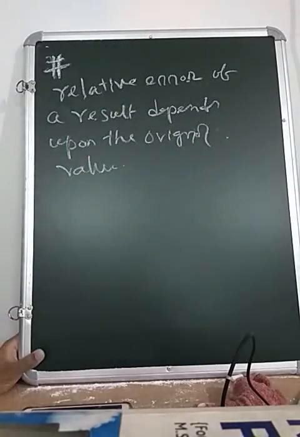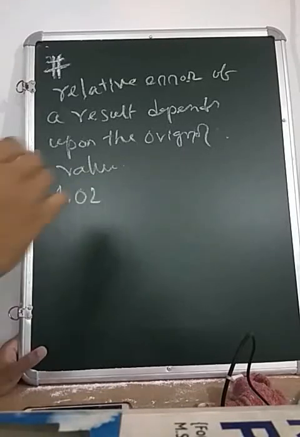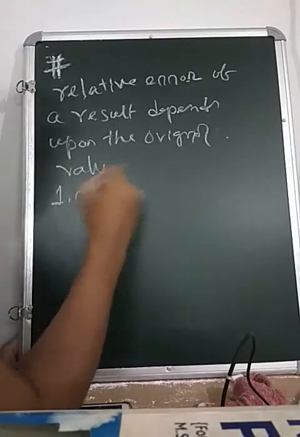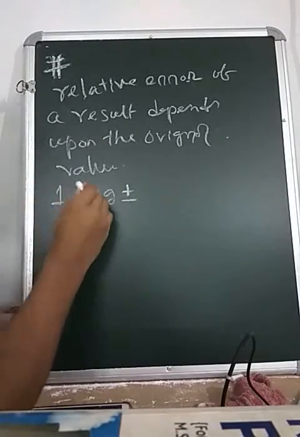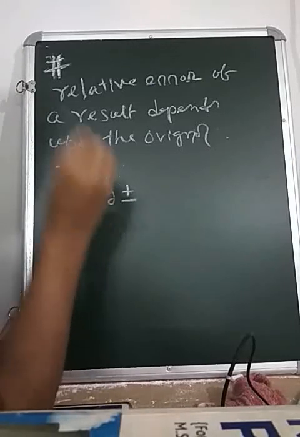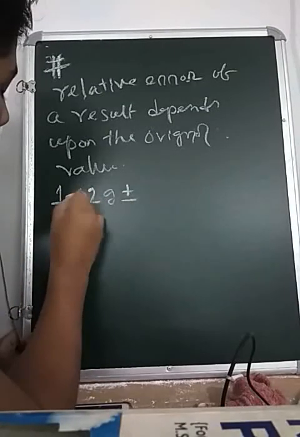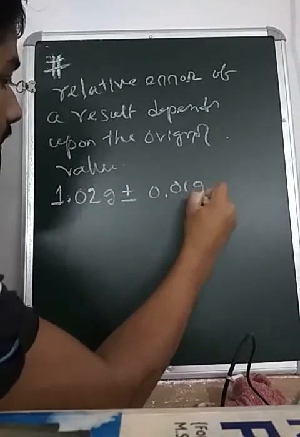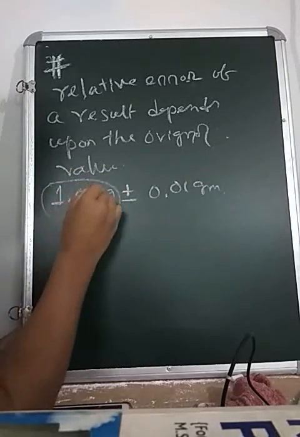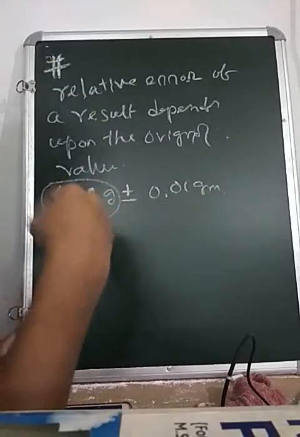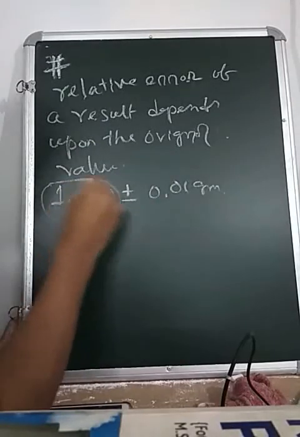Suppose an example is 1.02 gram. What will be the absolute error? The absolute error will be the least count, or precision, which is 0.01 gram. Now we have to represent this with the error term.